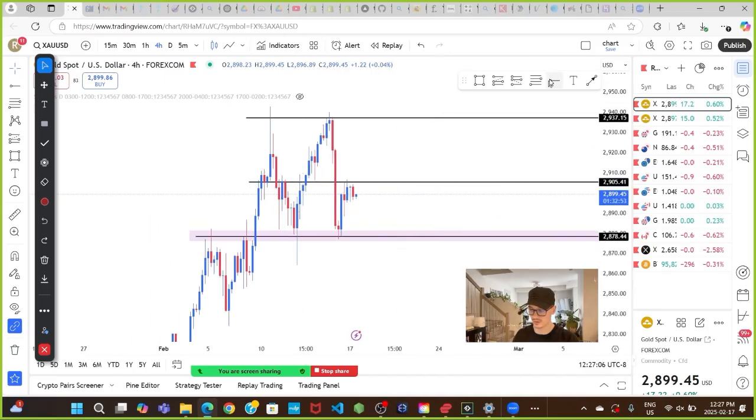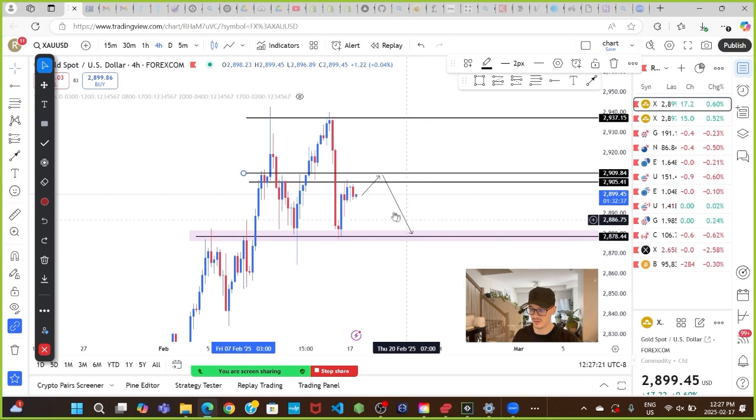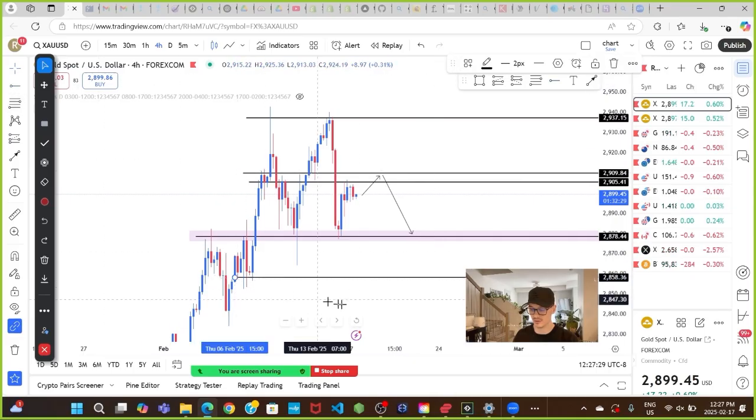So essentially what needs to happen if you're looking for those sells is maybe even getting a bit of that manipulation above, a fake out if you will, retesting here, and to drive down. Again, this is going to be your area that needs to break in order to then continue down even further to these lows.